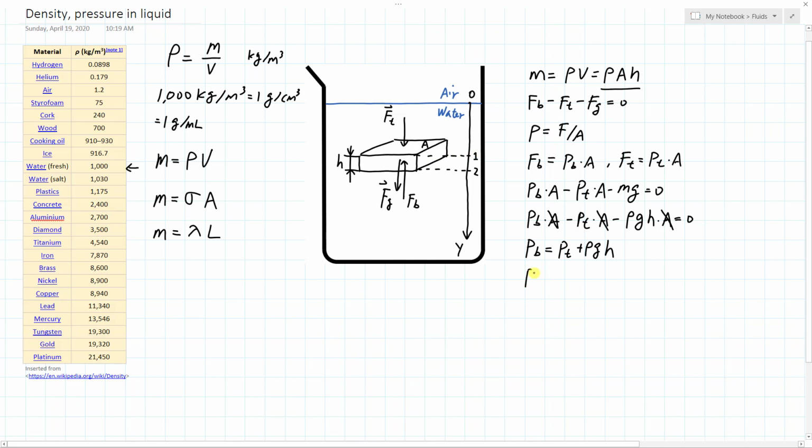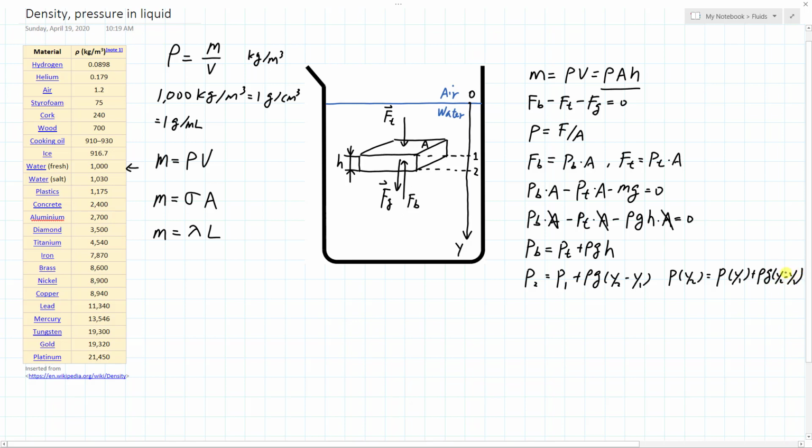So we have pressure at 2 equals pressure at 1 plus rho g times h. The h is the difference between the 2 and the 1, so y2 minus y1. We can also describe this as P of y2 equals P of y1 plus rho g times (y2 minus y1).